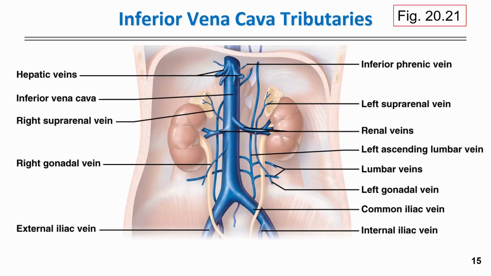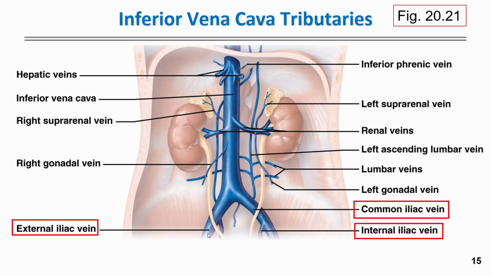We take a look at a number of veins here. I'm going to put some red boxes around the ones that I'll make note of. If we start here at the very bottom on the right-hand side, we see that the internal iliac vein will drain blood from the pelvic region, and the external iliac vein will see blood returning from the lower extremity.